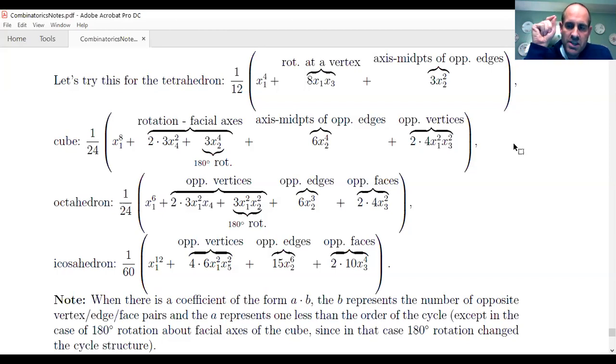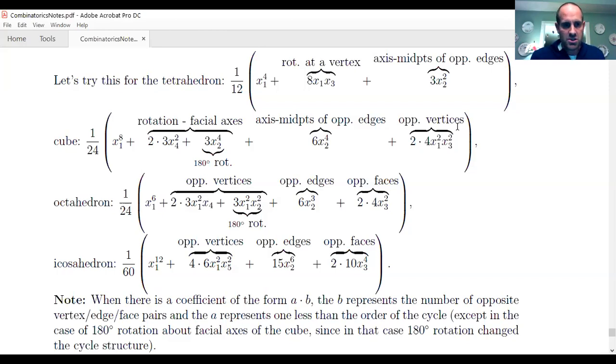If you fixate on one vertex and one edge coming off of that vertex, how many possible destinations are there for that vertex and that edge? Well, there are 6 possible destinations for the vertex. And once that vertex moves, there's 4 possible destinations for where that edge could go. 6 times 4 is 24. So it's a maximum for the possible number of destinations for a vertex and an edge coming off of it.